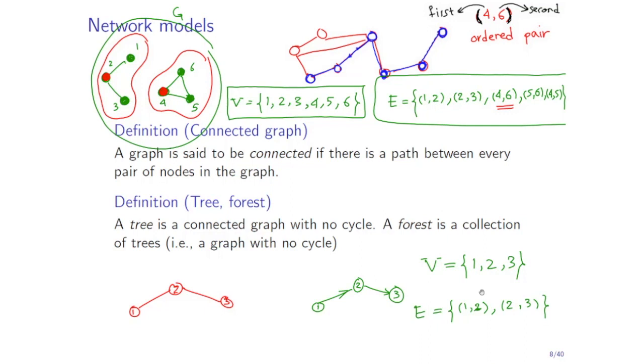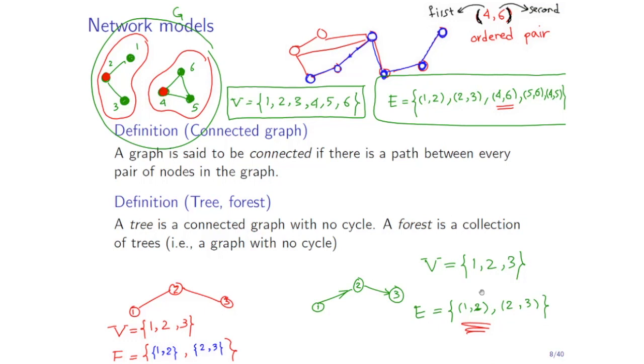So a more appropriate notation in this case is to use a set notation. Again, V is 1, 2, 3, and for E, it is better not to use the parentheses that we used here, because it means that it is ordered. We want to emphasize that it is not ordered. So it is better to use the set notation and say {1, 2} is an edge and {2, 3} is an edge.